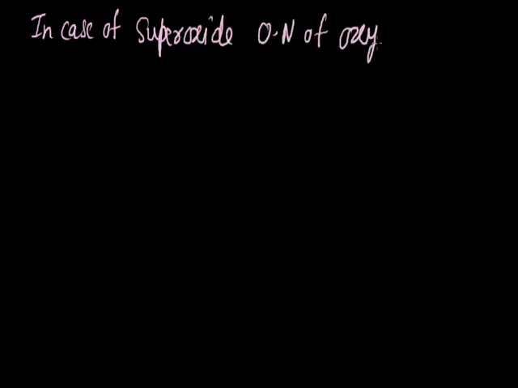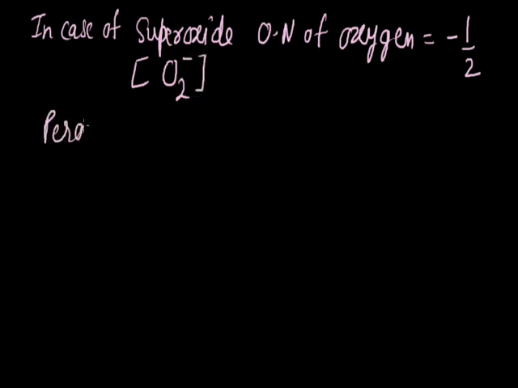In the case of superoxide, the oxidation number of oxygen is equal to minus half. Superoxide can be represented by O2 minus 1, while peroxide can be represented by O2 2 minus.